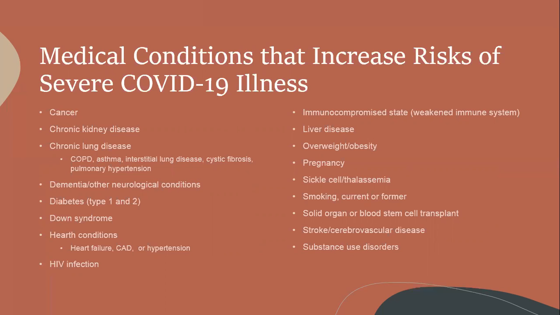Along with those heart conditions, you have heart failure, coronary artery disease or hypertension, HIV infection, immunocompromised state, which means a weakened immune system, liver disease, being overweight or obese, being pregnant, having sickle cell, being a current or former smoker, having a solid organ or blood stem cell transplant, stroke, cerebrovascular disease, or if one has a substance use disorder.